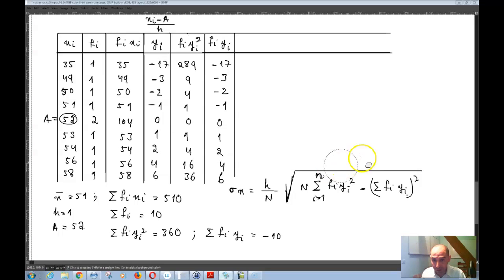So now I can put everything in this formula. I can write this as h, which we took as 1, and n, which is sigma f of i, is equal to 10, times the square root of 10 times sigma f of i y of i squared, which is 360, minus sigma f of i y of i, all squared, which is equal to 100.